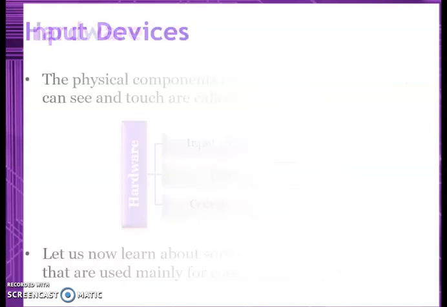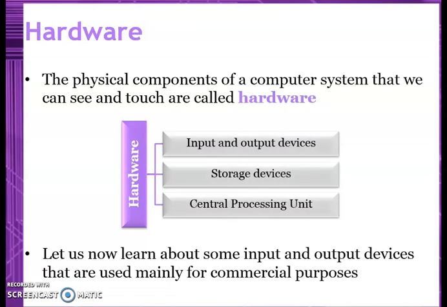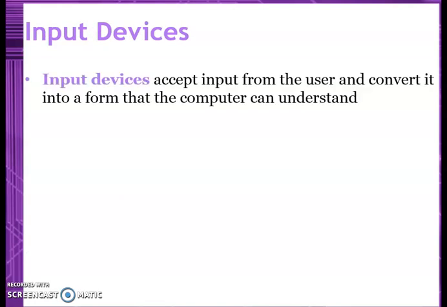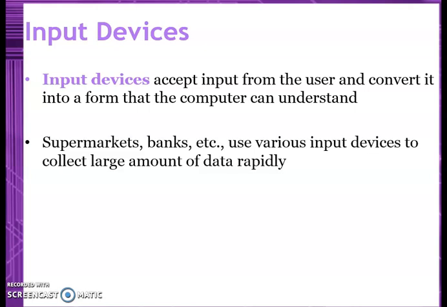We said that in the hardware there are input and output devices. So we will discuss some input devices. Input devices accept input from the user so that the computer understands what the user basically wants to do.